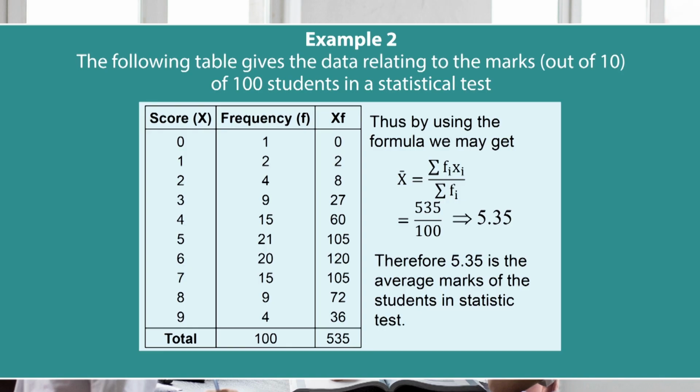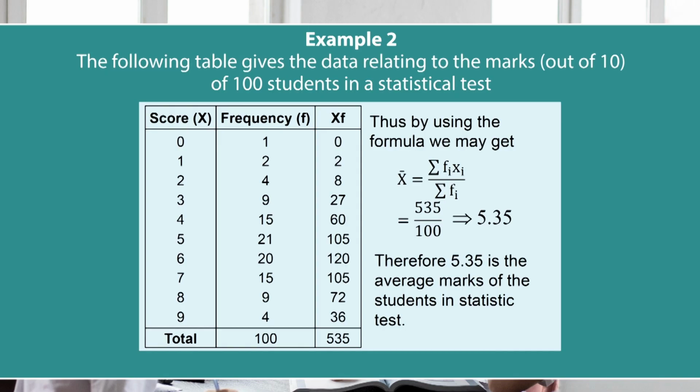For this direct method, we multiply the x values, the score values, by the corresponding frequencies and calculate the sum of all the xi fi values, and in this example it is 535.